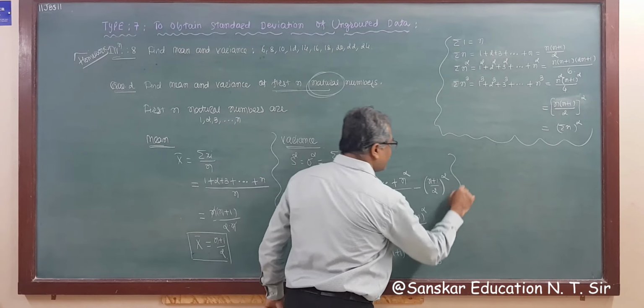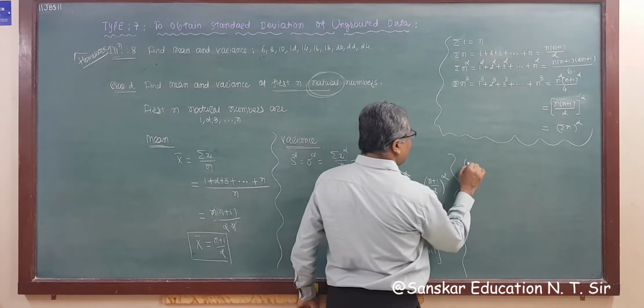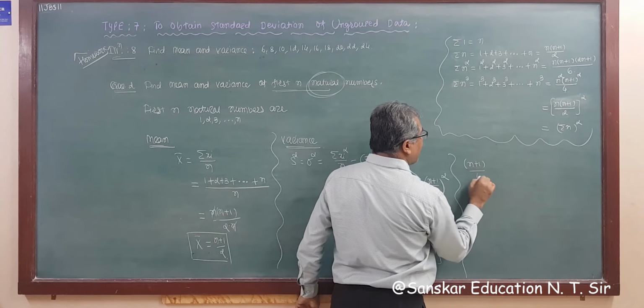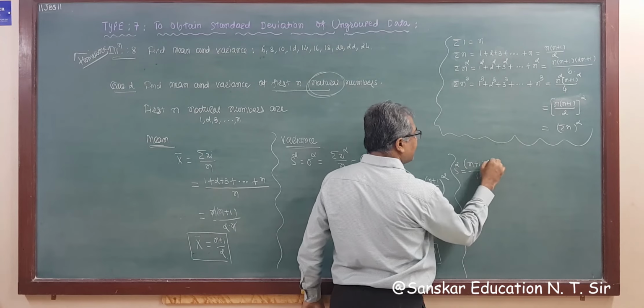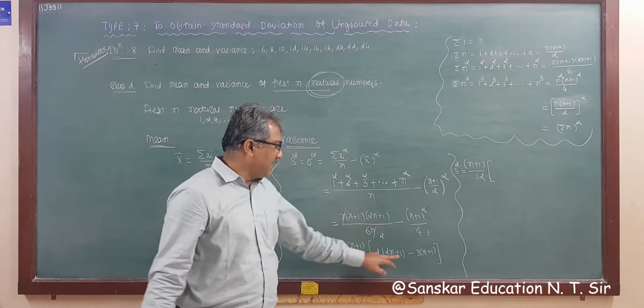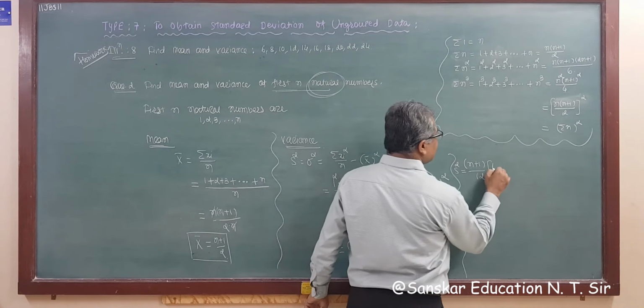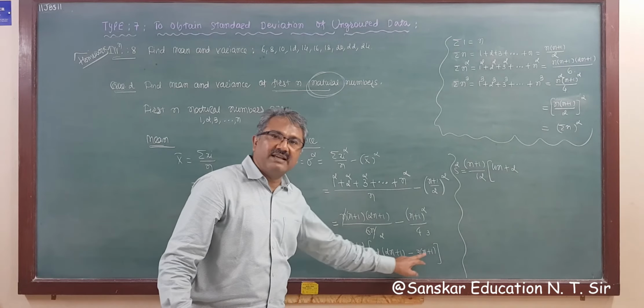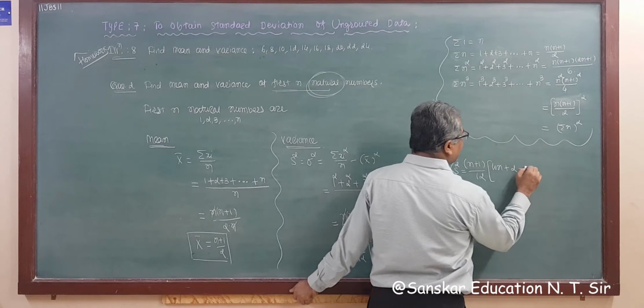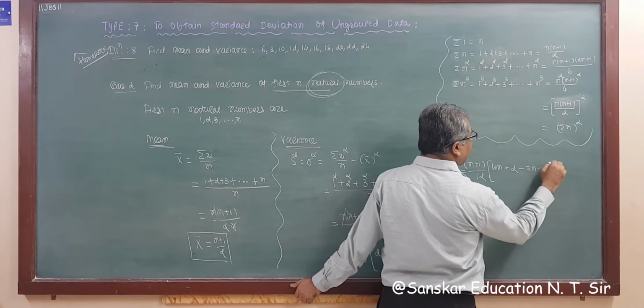So the simplification of this is n plus 1 by 12, into 4n plus 2, minus 3n minus 3.